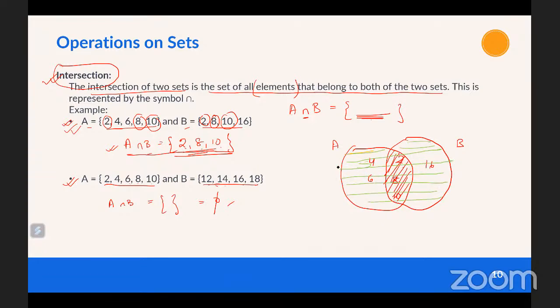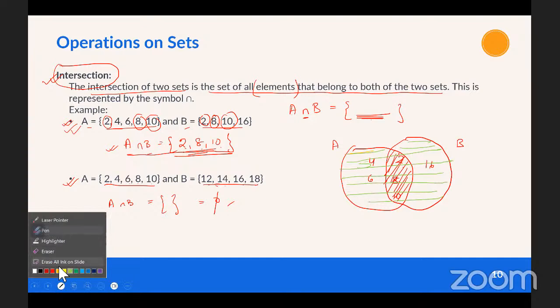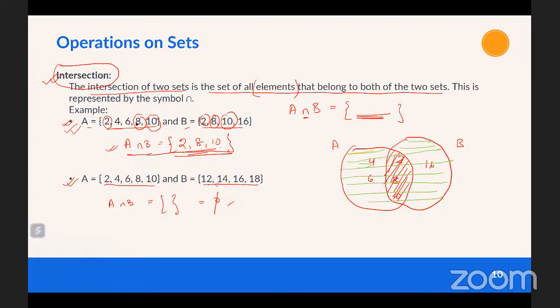So union of A and B will contain all the elements which are present in A as well as in B. So this is the representation when we have union and intersection in the Venn diagram form. The Venn diagram considers the common region or intersection of both the circles, and the union will contain all the elements in both the set A and the set B.